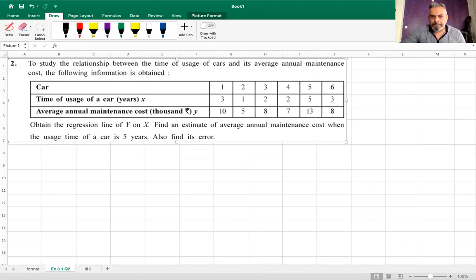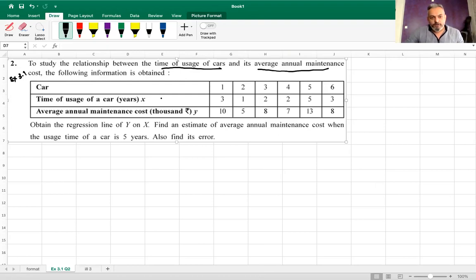Okay, now question number 2, exercise 3.1. To study the relationship between time of usage of cars and its average annual maintenance cost, the following information is obtained. Cars are given 1, 2, 3, 4, 5, 6.